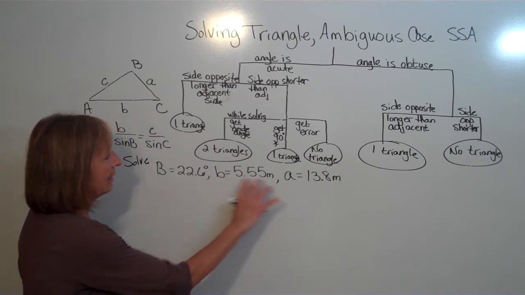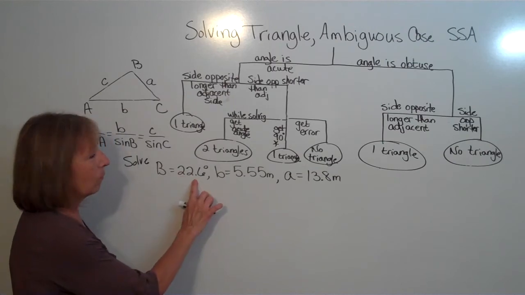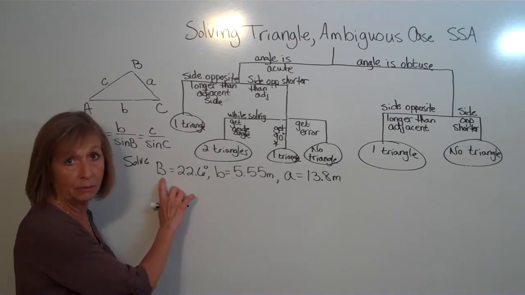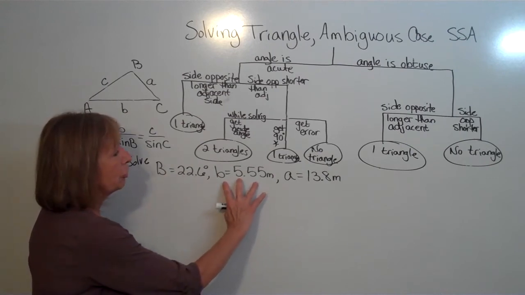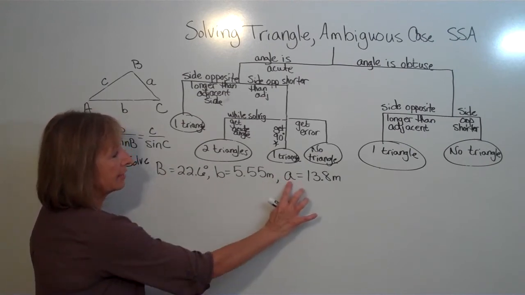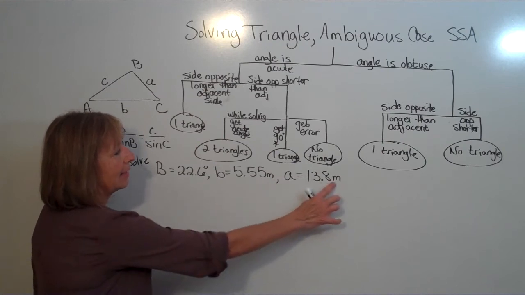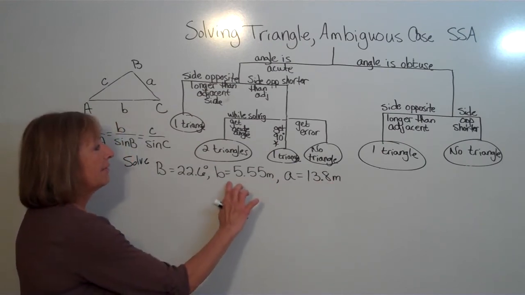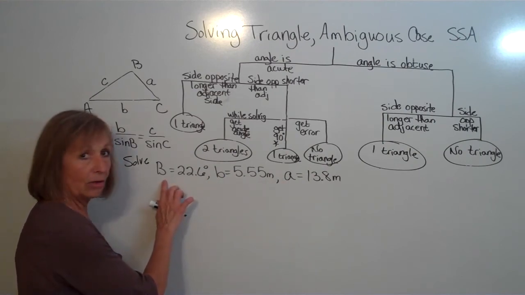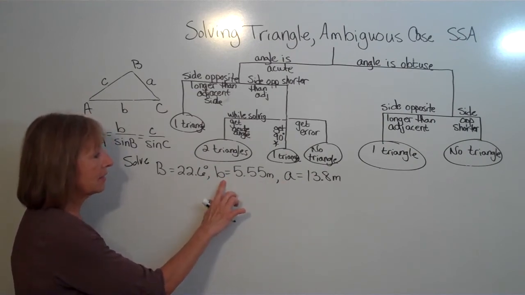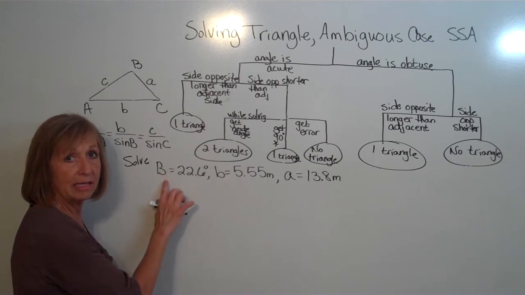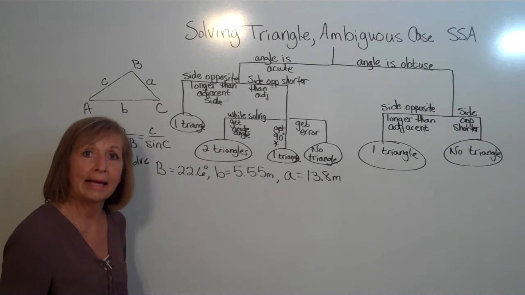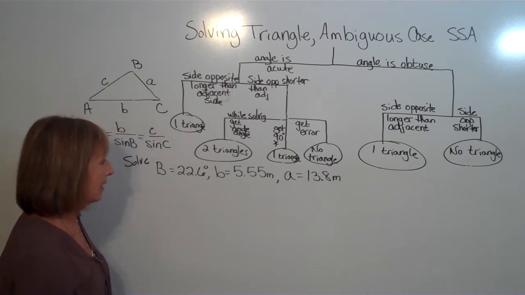Now looking at this, I have one angle, named with a capital letter by convention, and I have two sides, lowercase letters, with length measurements. Also, one of the side's letters matches the angle's letter. So that's when I have the side-side-angle ambiguous case.